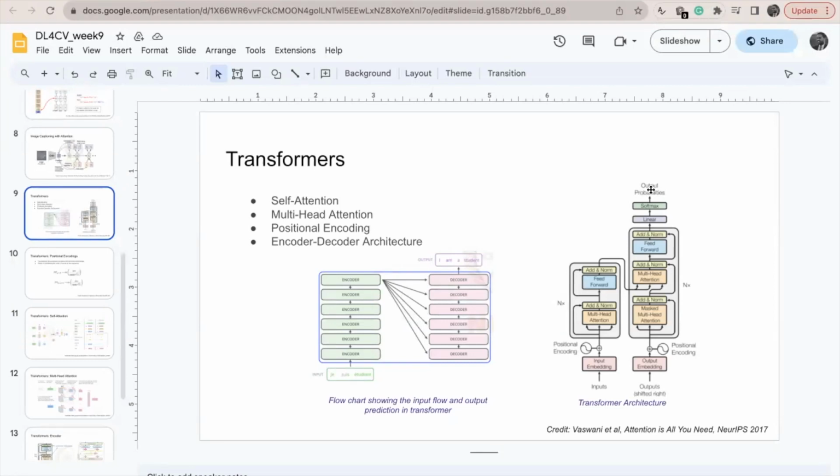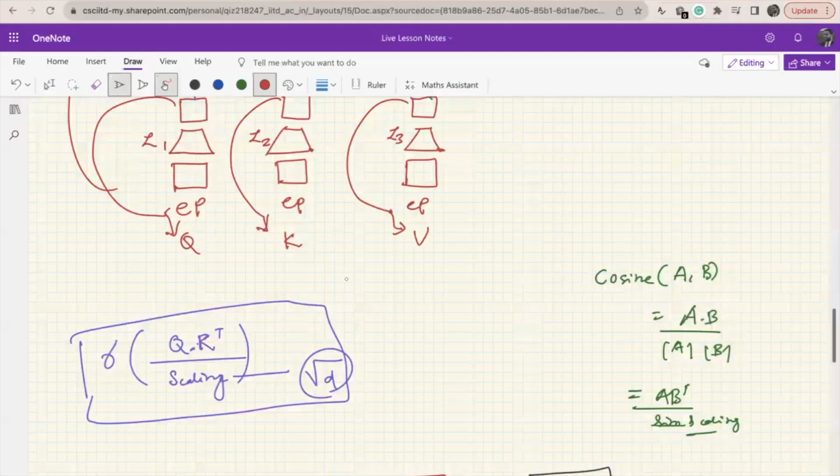So in the next iteration we'll pass 20 here. In the first iteration only the start will be revealed, and in the second iteration 20 and start will be revealed, right?